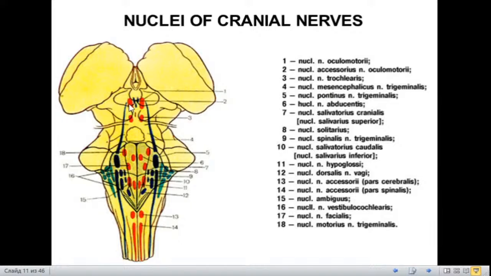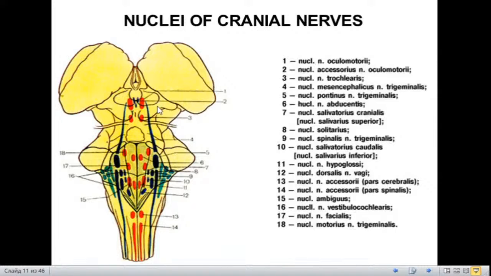It starts from the midbrain and moves through the pons and medulla oblongata, and terminates at the upper cervical segments of the spinal cord. So, due to topography, we can distinguish three parts in this nucleus: the mesencephalic nucleus within the midbrain, the pontine or principal nucleus in the pons, and the remaining part is the spinal nucleus.